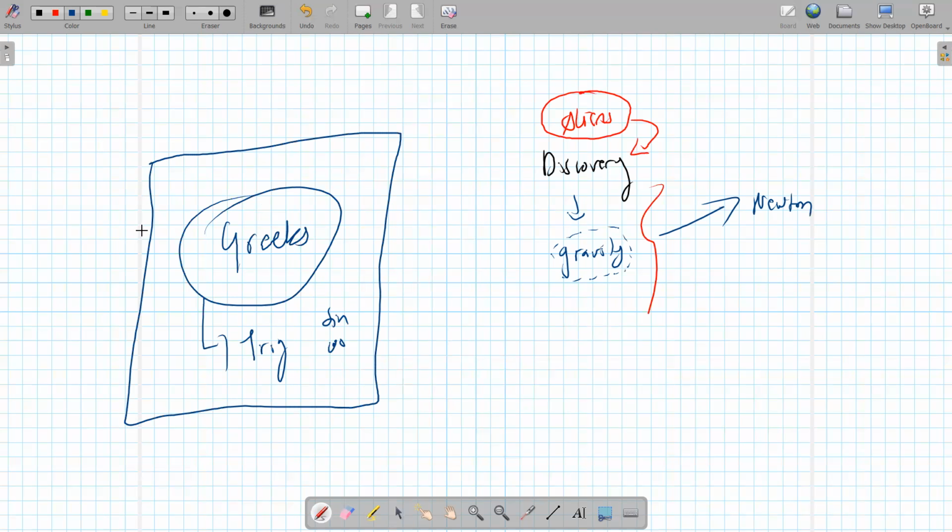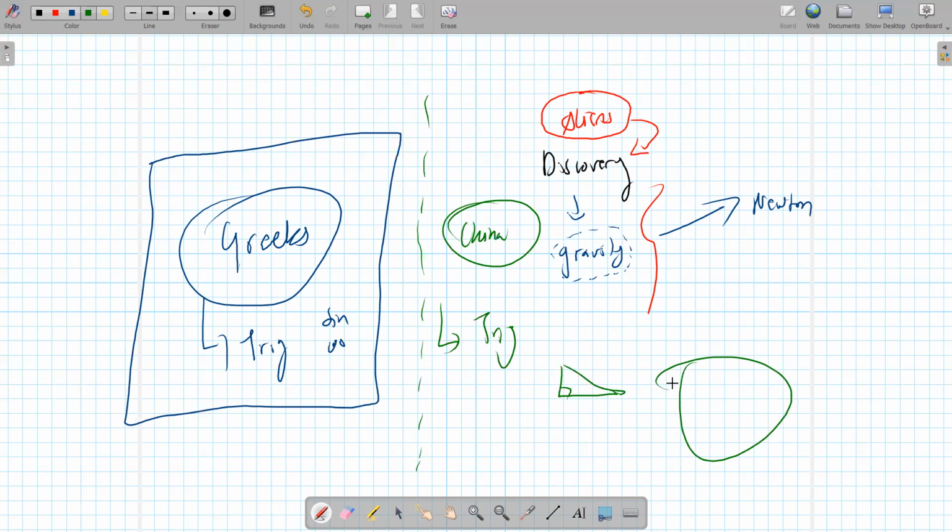Back in the day, it would take you months to go from one country to another. On the other side of the planet, in China, they also discovered trig. They obviously didn't use the same symbols or letters, but they used the same math, doing math with right-angle triangles and the unit circle.